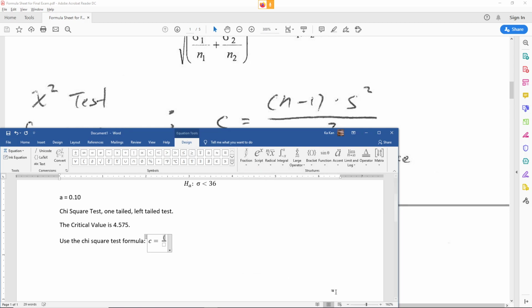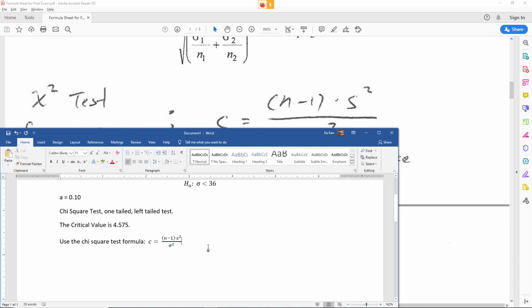It's gonna be n minus 1, the sample size minus 1, multiplied by s squared, and then the bottom is gonna be the population standard deviation squared. So that's the formula. I just used that.